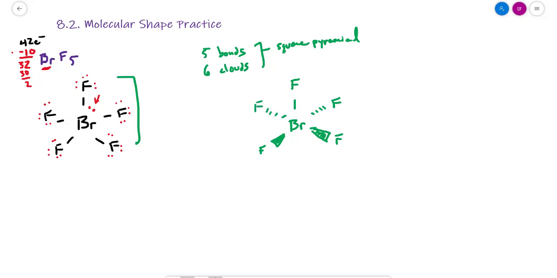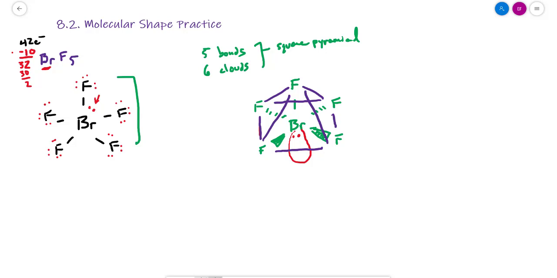And then my lone pair would be sitting down here, which I could draw just like that, or I could be more explicit and draw it like that, just to be clear. And so remember that the square is here. That's where the square comes from, and then the vertex is all pointing up there. That's the square pyramidal shape that we're talking about here.